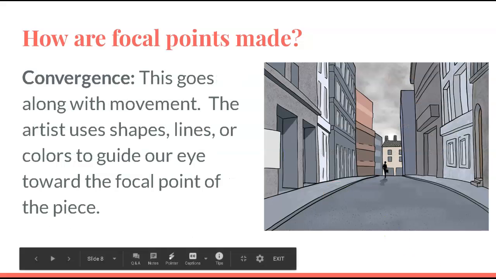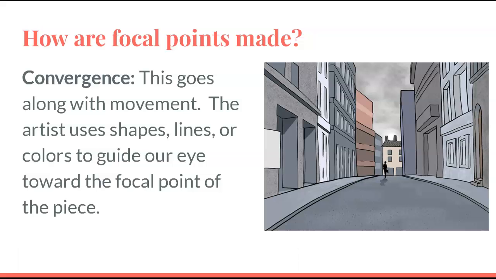Then we have convergence. This is one of the more complex means of creating focal points. This goes along with the idea of movement. The artist uses shapes, lines, or colors to guide our eyes towards the focal point of the piece. Now, if we're looking at this image on the right, we can see that our focal point is this little guy in the distance.